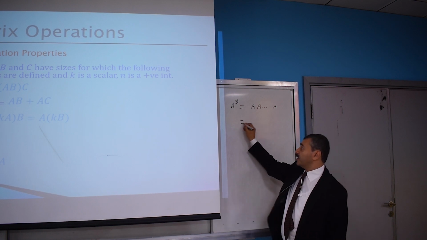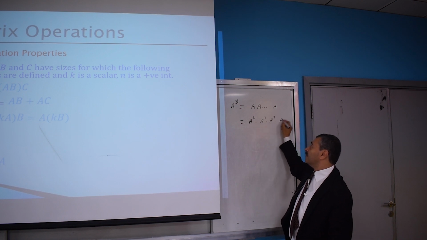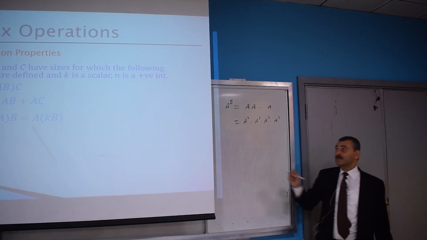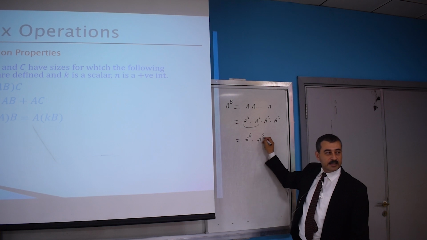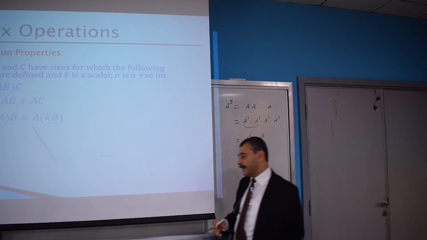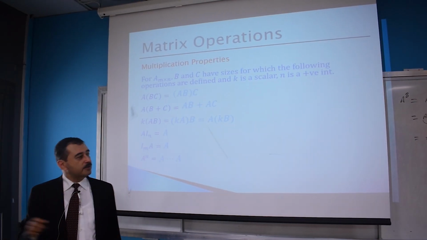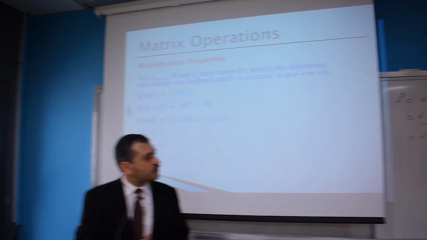We can get A squared. And something better still: we can get A to the power 4 once and then multiply A to the power 4 by A to the power 4, and so on. Okay? For high powers, we do the multiplication simply by simplifying the product this way.